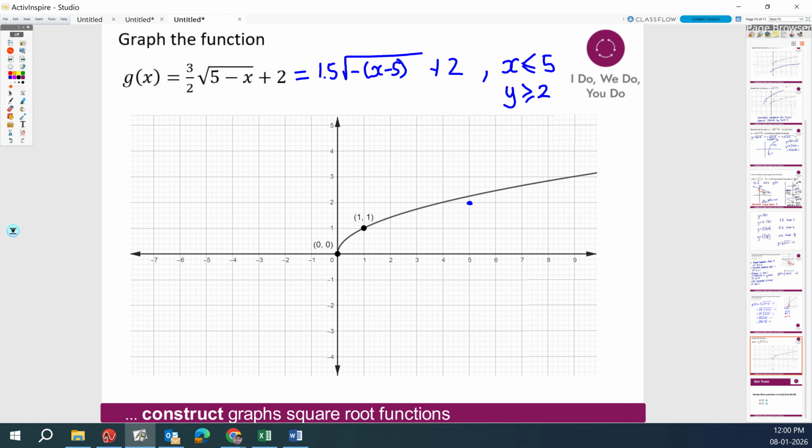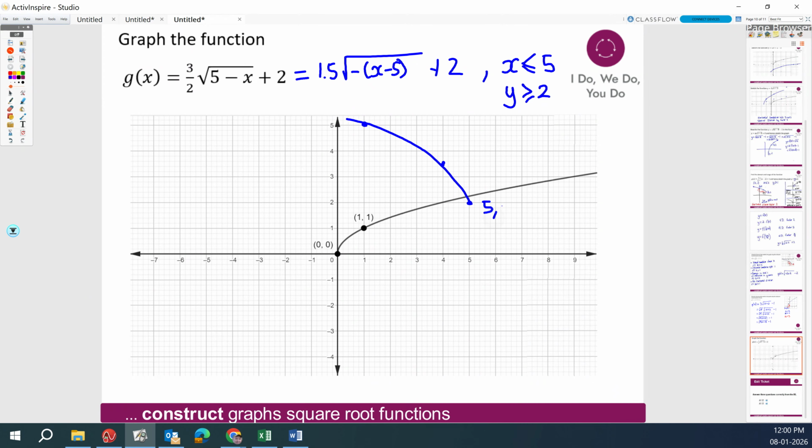Because if you consider, we'll go in that way. So, normally we go 1 back, 1 up. This time we're going to go 1 back, 1.5 up. Normally we would go 4 back, 2 up. This time we go 4 back, 3 up. Okay. So, our graph, let's put our coordinates in.